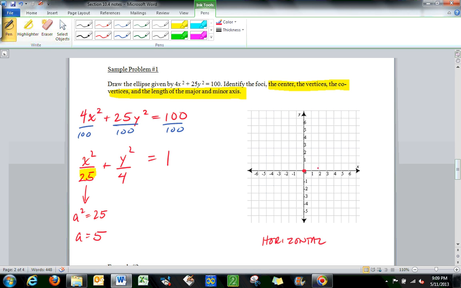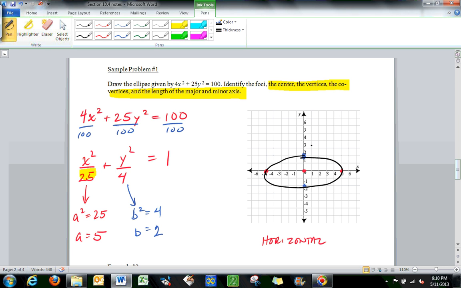And I can simply go out 1, 2, 3, 4, 5 in each direction of the x-axis. And then, of course, the 4 represents b squared, so b will equal 2. And since that's going to be underneath the y, it's going to be on the y-axis, 2 up and 2 down. And then, of course, I'm going to do the best I can to simply connect those points.